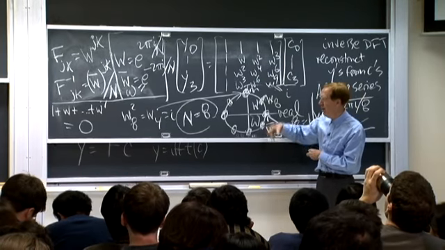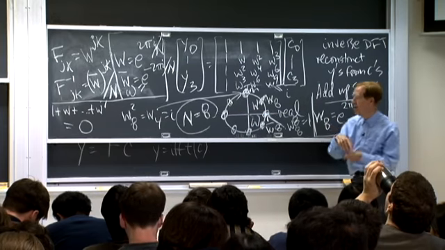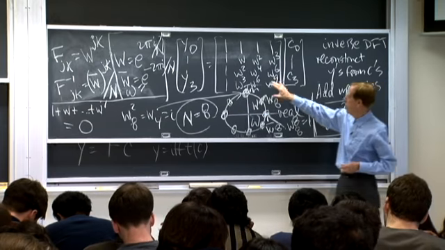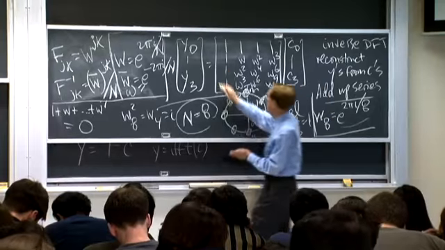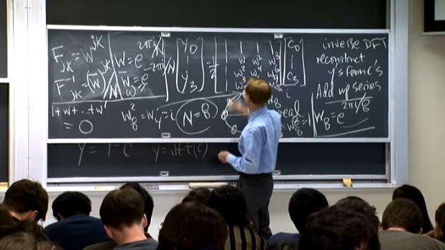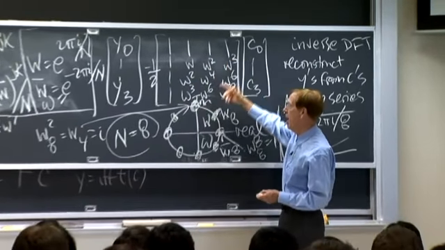Apart from this capital N thing. So if I normalize it, if I take out 1 over square root of n, now the length of every column is 1.